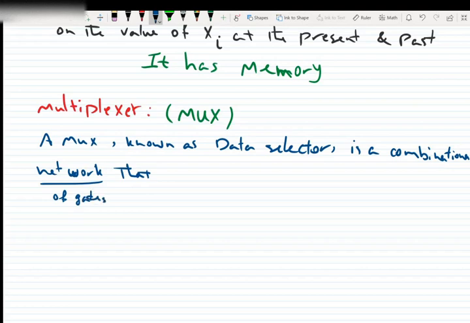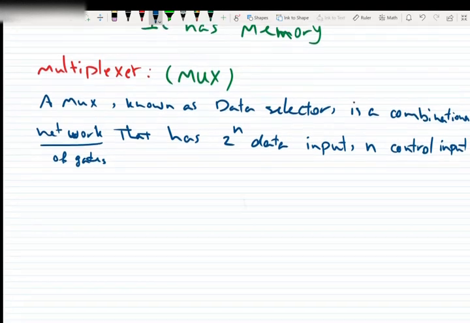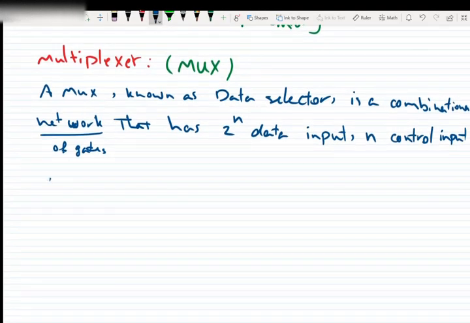A combinational network that has 2 to the power of n data inputs, n control inputs, and an output.